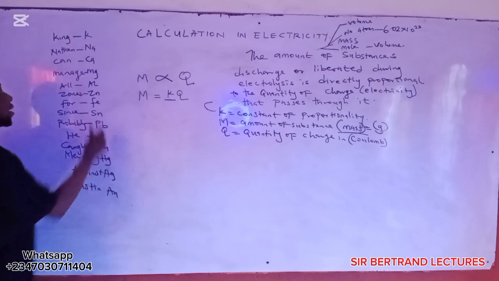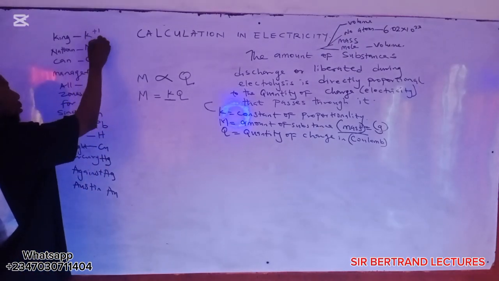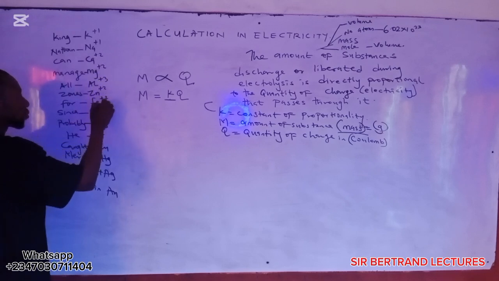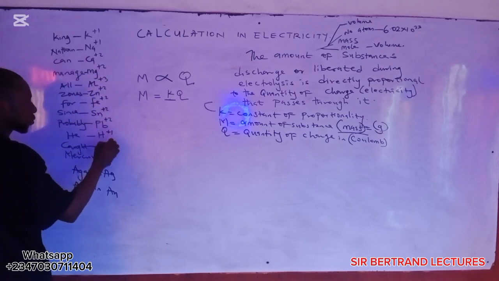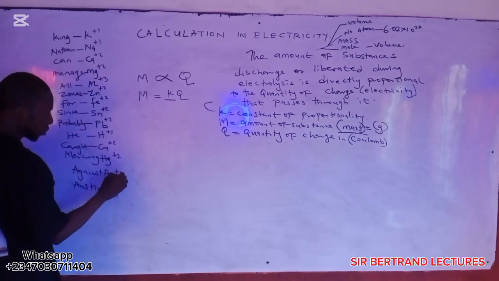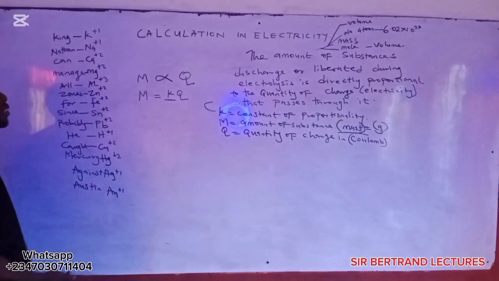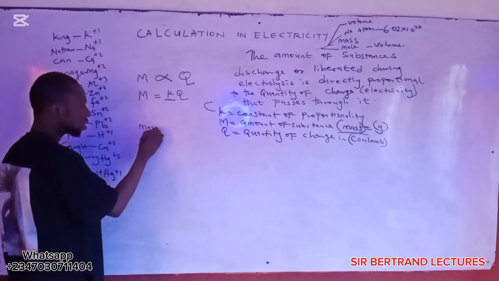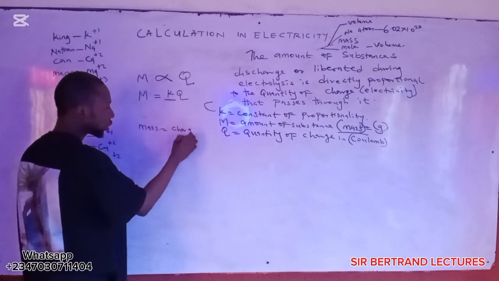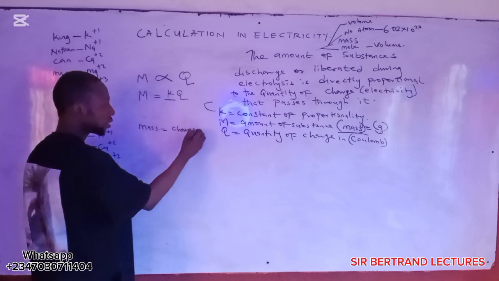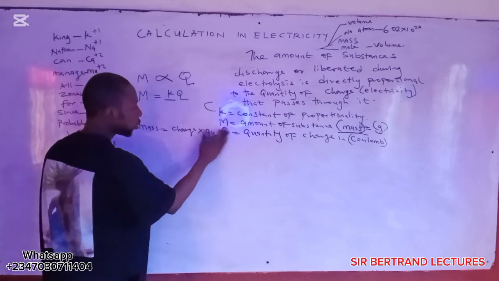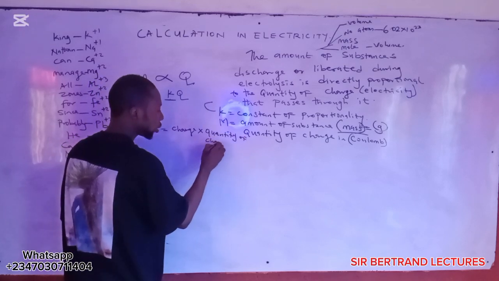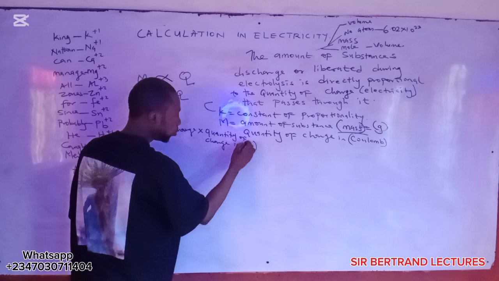Now look at the charges here. Potassium is +1. These are the charges. So this mass is equal to the charge in the electrochemical series multiplied by the quantity of charge in coulombs.